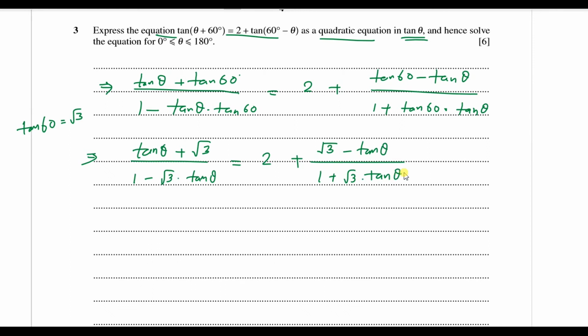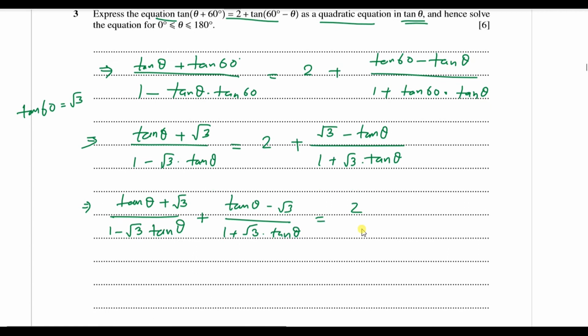So we can solve by taking this whole term to the other side, and it will become tan theta plus root 3 over 1 minus root 3 tan theta minus, and when I take the minus, I can take it as a plus, and I'll write it as tan theta minus root 3 over 1 plus root 3 into tan theta is equal to 2.